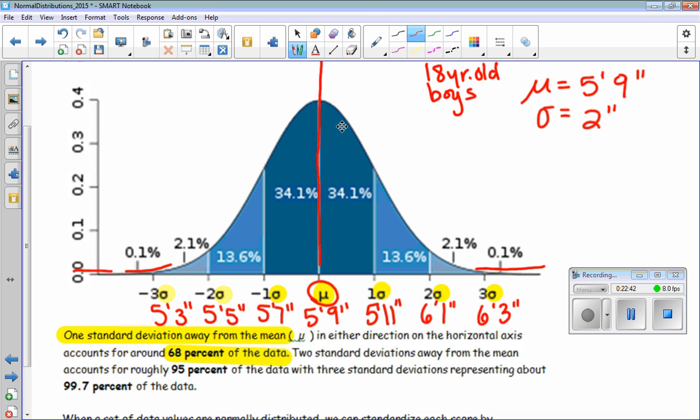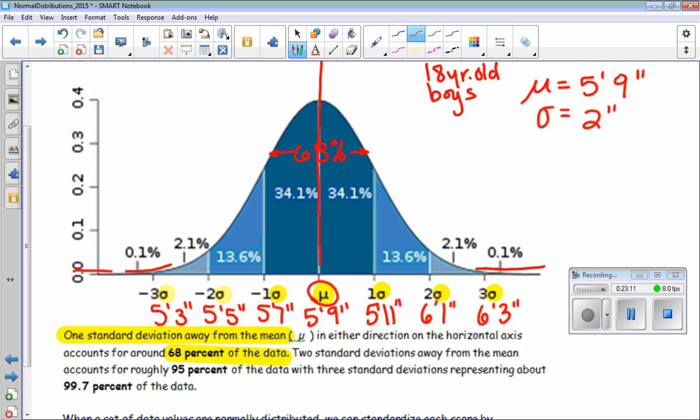So in other words, 68% is between here and here. 68% of 18-year-old boys are between 5'7" and 5'11". Is that okay to say? 68% are within 1 standard deviation, 1 above and 1 below.